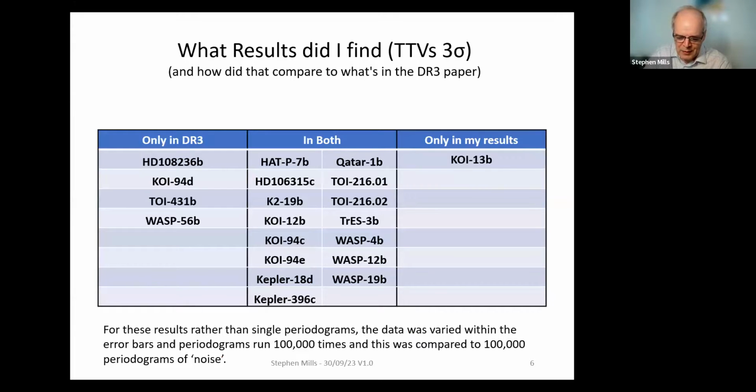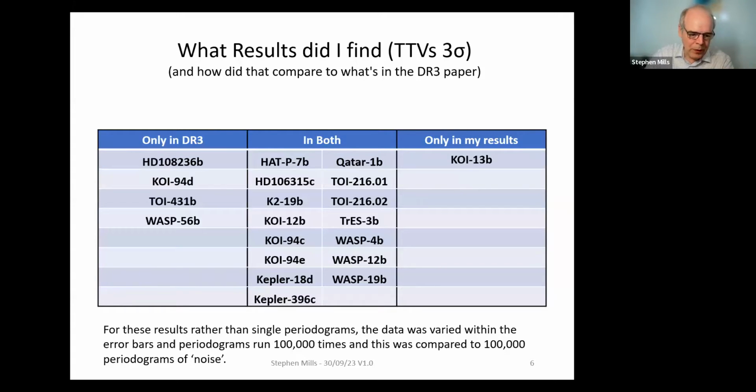But by calculating many periodograms where you vary things within the noise, you can get a much better result. So these results and the results in the DR3 paper use that technique. It does mean it takes up quite a lot of computing time. It ended up meaning that to do the GLS analysis on a planet took the order of hours. So my poor laptop was running overnight for quite a number of nights to do all this analysis.